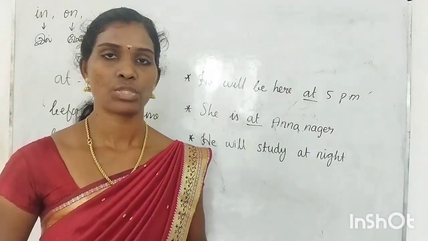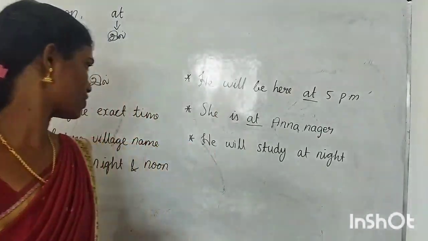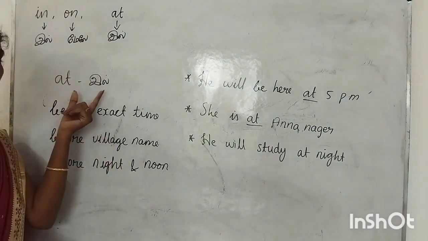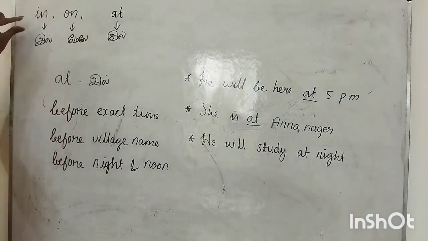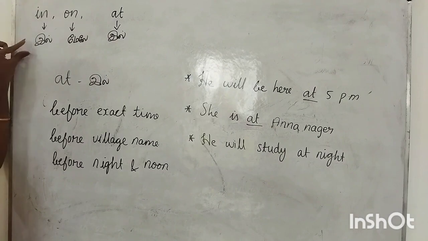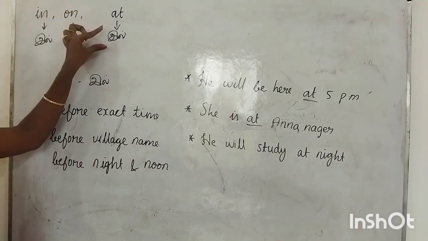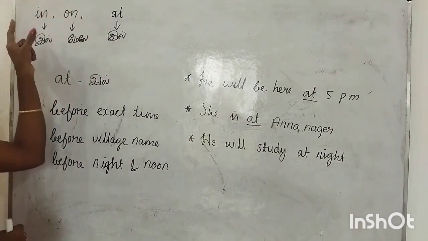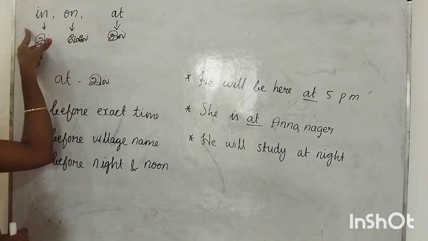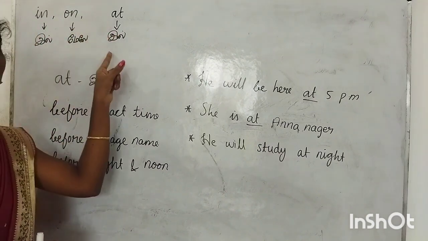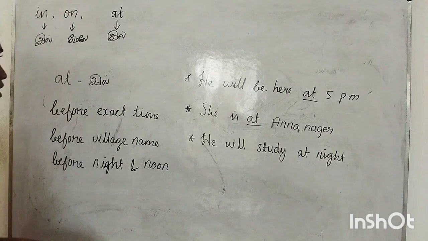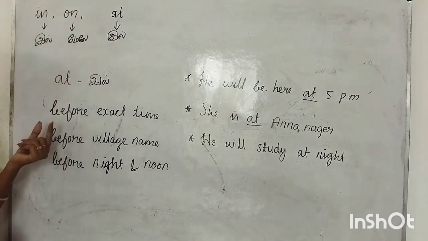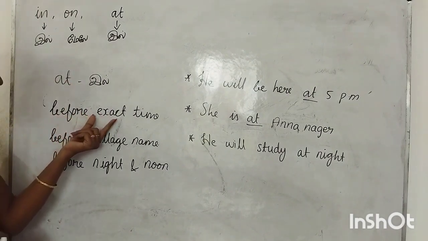Next preposition is at. In and at both can mean the same in Tamil, so what's the difference? In is used for a city name, at is used for a village name. At is also used before an exact time.